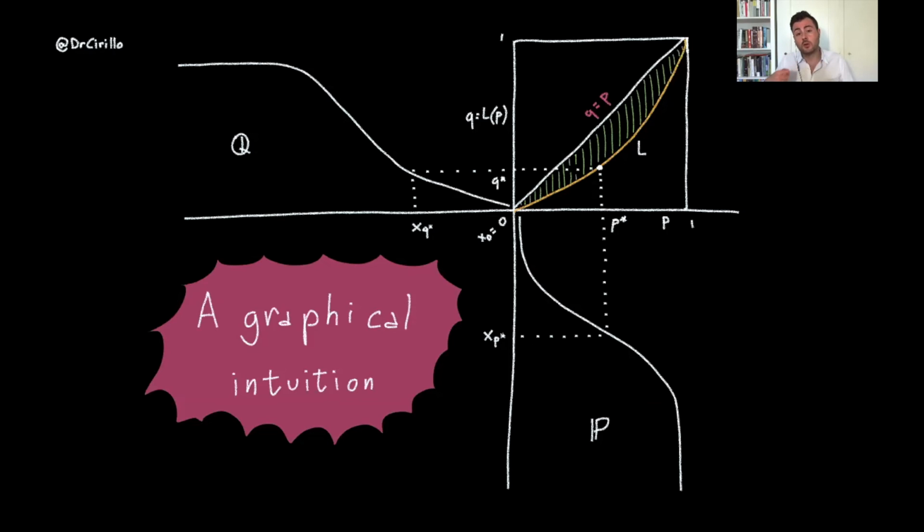If, on the contrary, we want to do the same by fixing the probability and looking at the quantile, what we will find is that for a given level of the probability, I will get different quantiles under P and under Q, which is the other side of the coin.